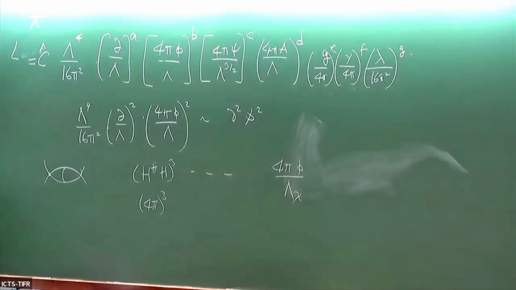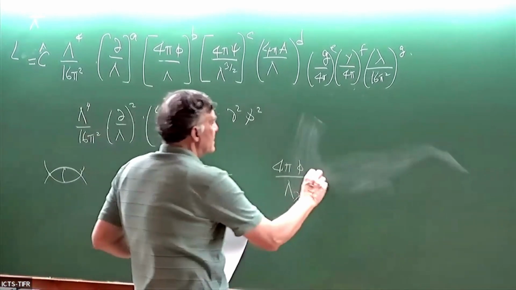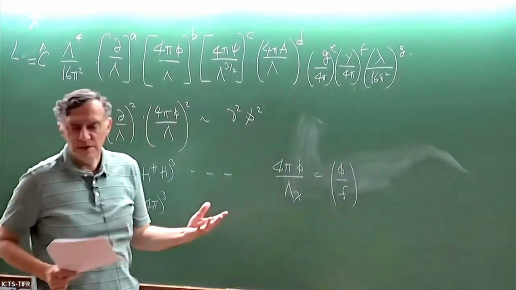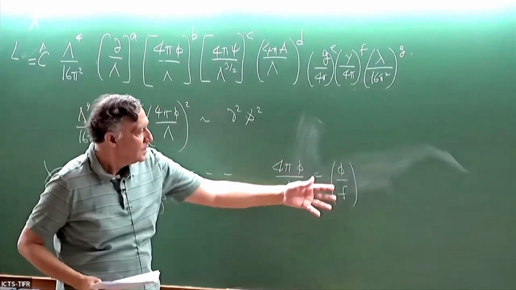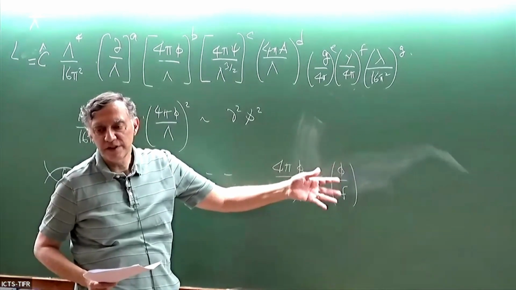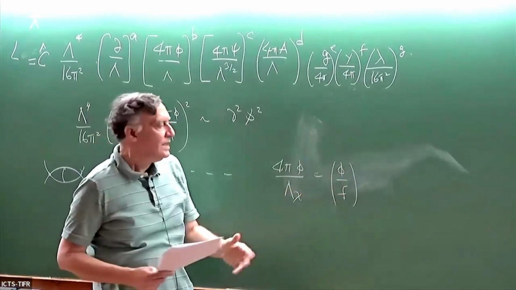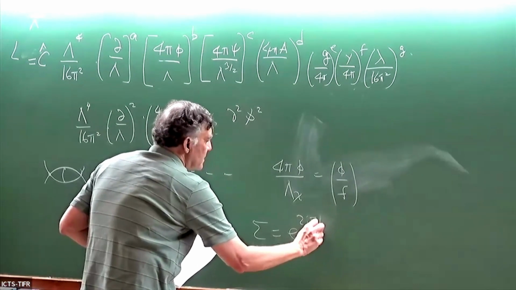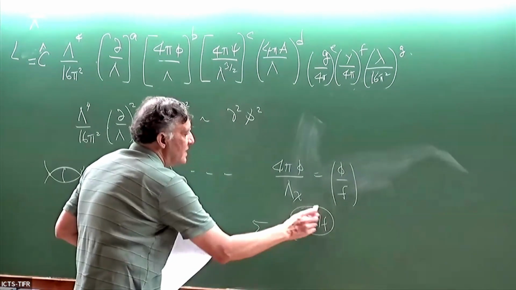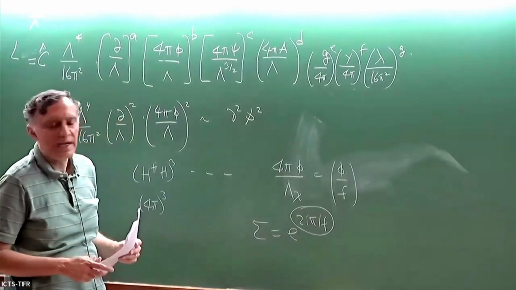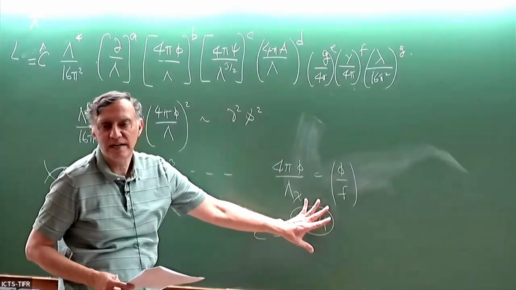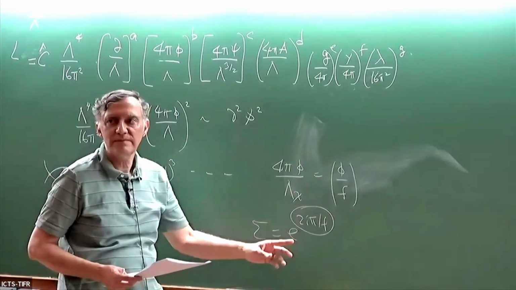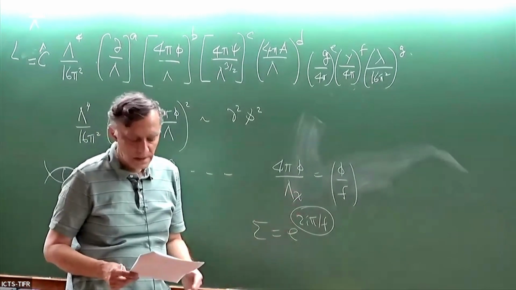Lambda is 4 pi f with an equal sign, then this becomes phi over f, which tells you that you can have phi over f, the scalar field over f, to arbitrary powers. And that's consistent with sigma being e to the 2i pi over f. All the terms in the exponent are order 1 in the power counting, and this whole sigma is the same size in power counting. It would be weird if the different pieces of sigma had different power counting.